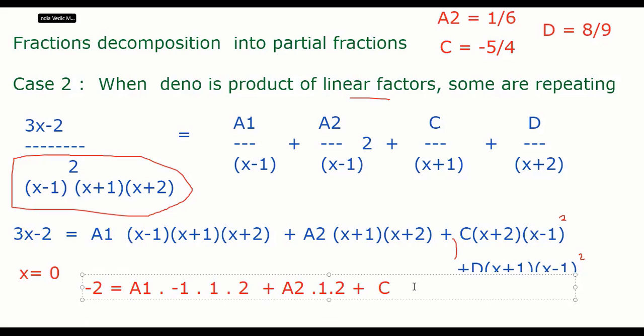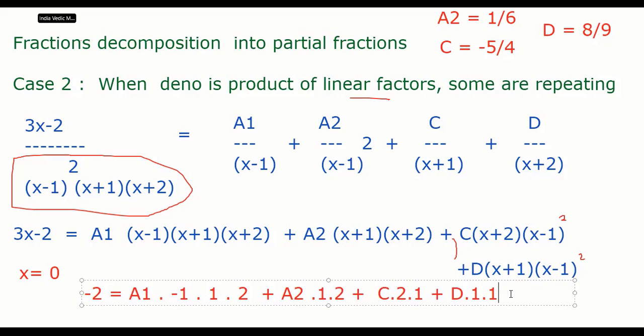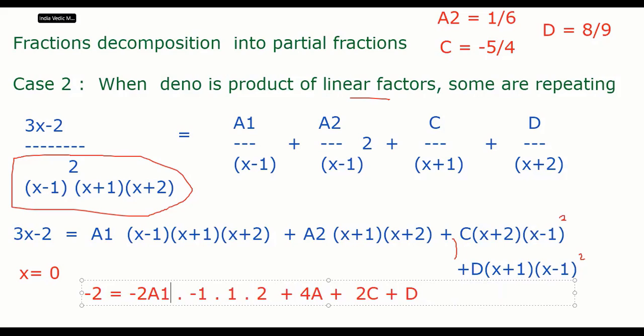Putting zero, 0 plus 2 is 2, (0 minus 1) whole square is 1, so 1 only, and lastly d, 0 plus 1 is 1, 0 minus 1 is again 1. This is what it is, right? Let's solve. d into 1 is d, this remains d, this becomes 2c, this becomes 2 into 2, 4a, and this becomes 2 into 1 and -2, minus 2a1. I am doing little simple algebra, guys.